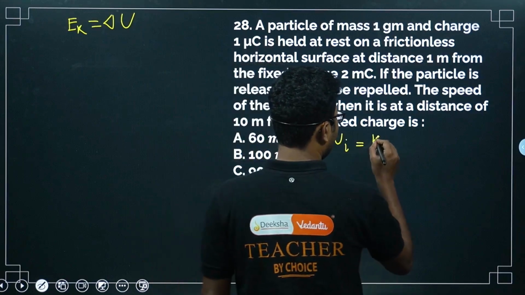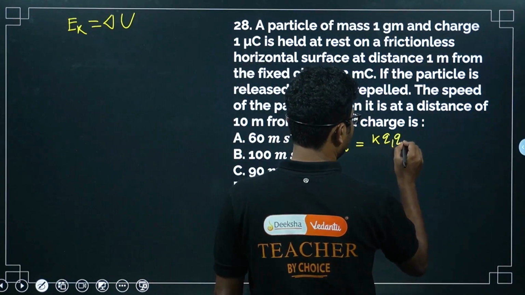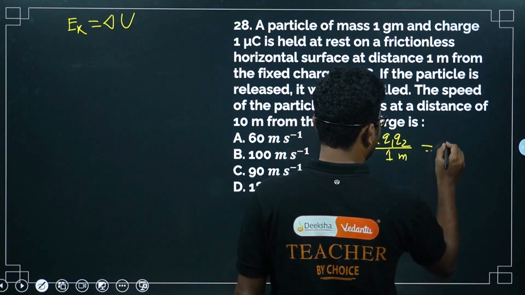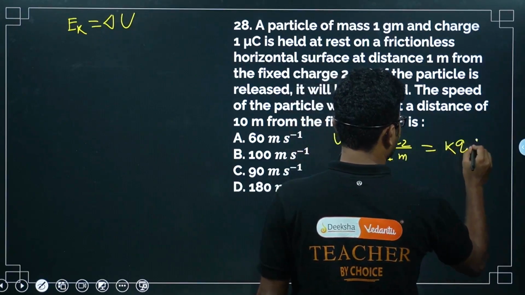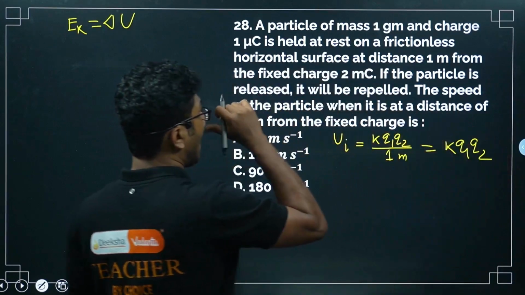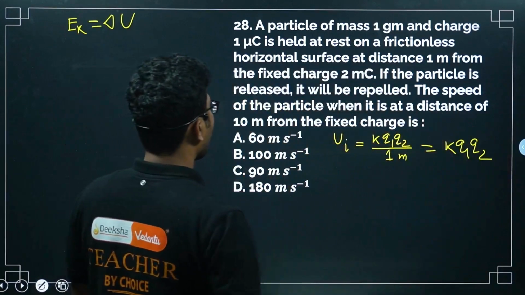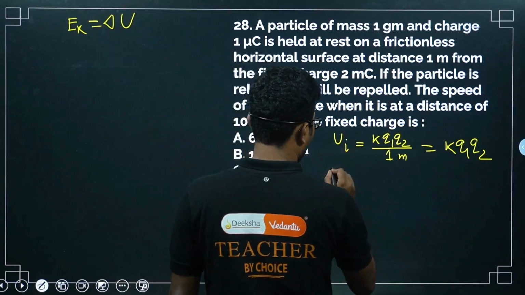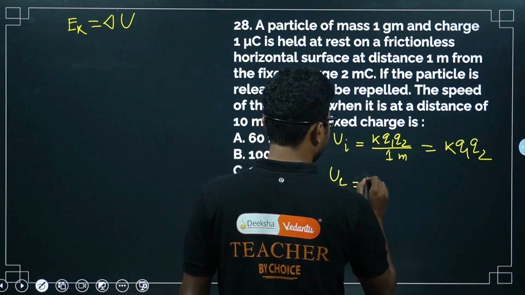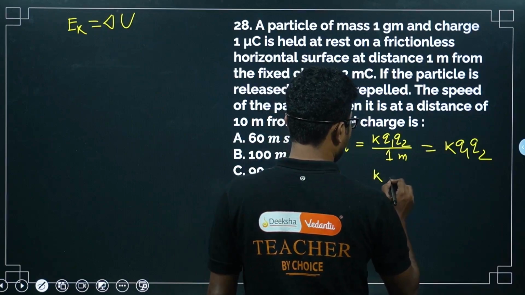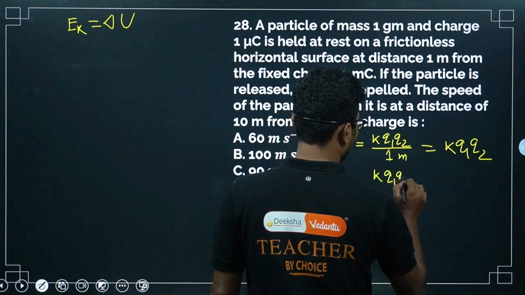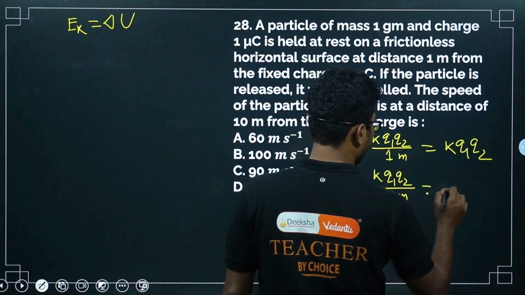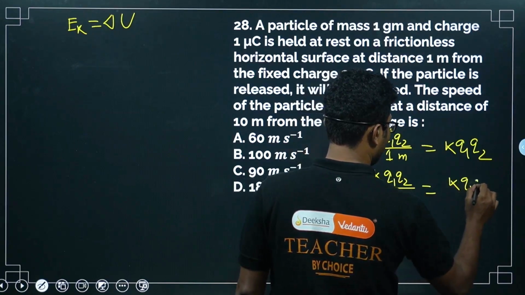So K Q1 Q2 by 1 meter, that is K Q1 Q2. Now final potential energy is K Q1 Q2 by 10 meters, right? So K Q1 Q2 by 10.